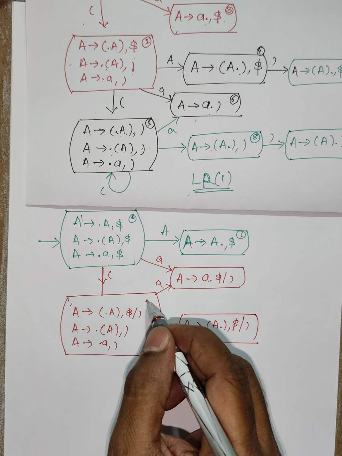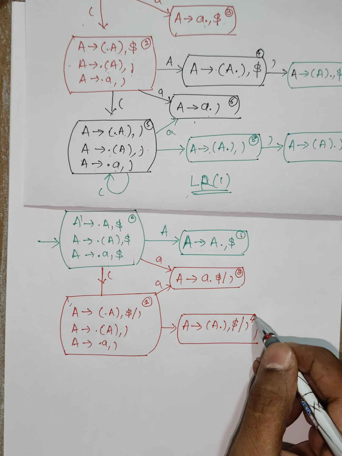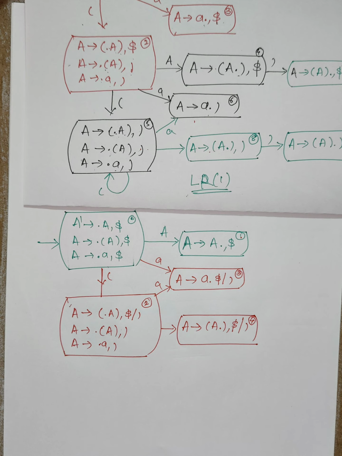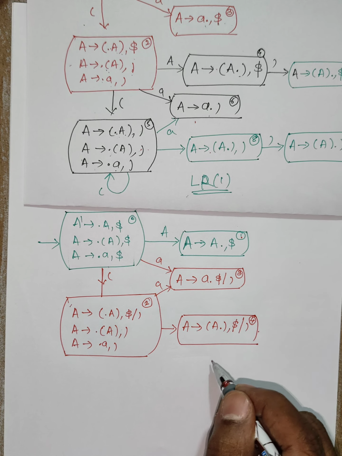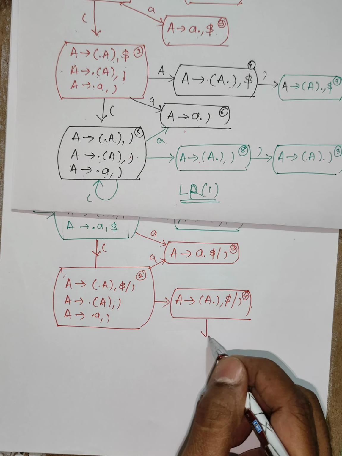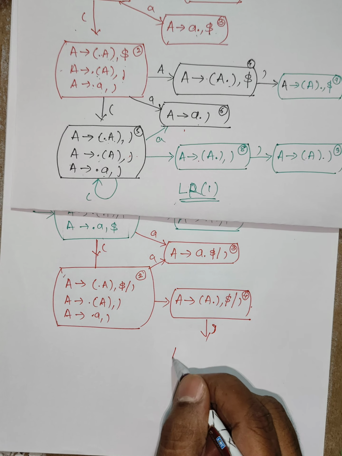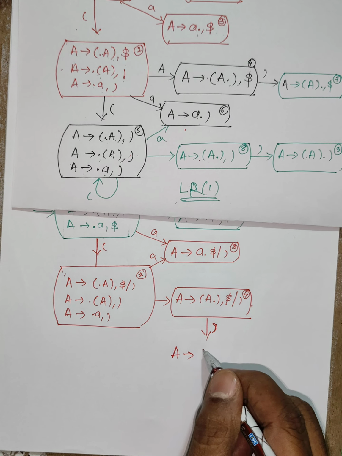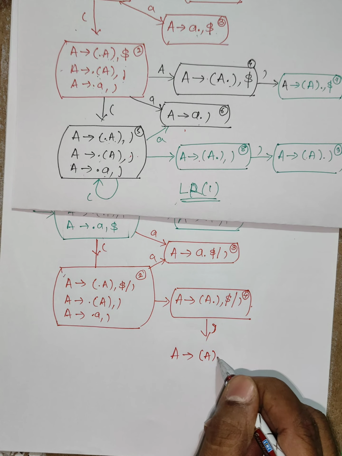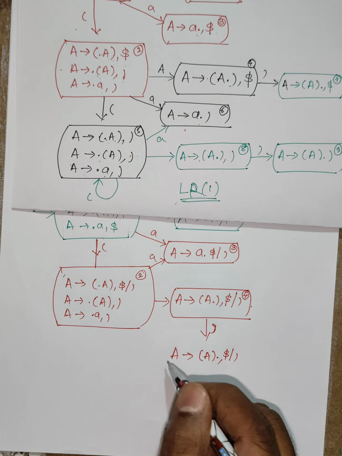State 1, state 2, 3, then this is 4. Then next, again combine these two. Combine these two means transaction on closing bracket. Transaction on closing bracket, A produce opening bracket A closing bracket dot dollar slash closing bracket.